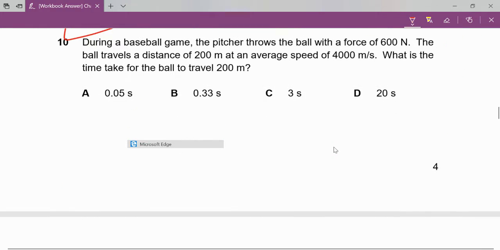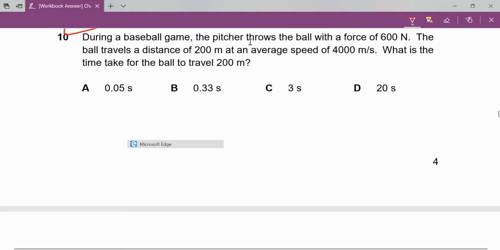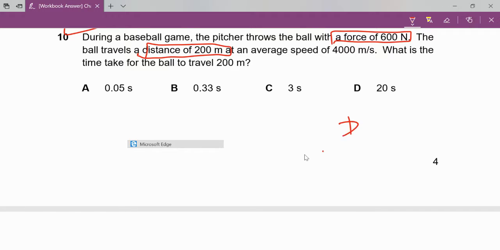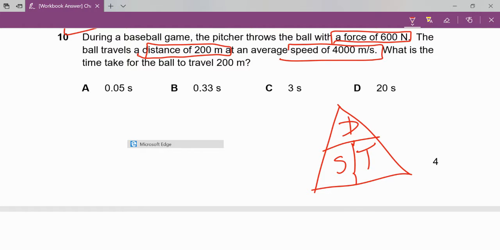Next question. During a baseball game, a pitcher throws the ball with a force of 600 newtons, distance of 200 meters. In this case, I'm using my DST triangle formula instead. Speed of 4,000 meters per second.